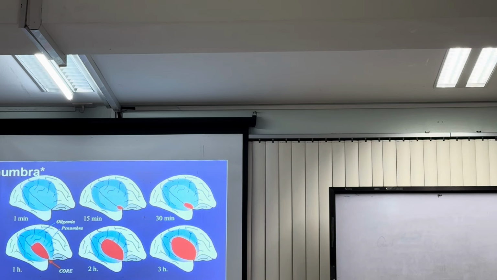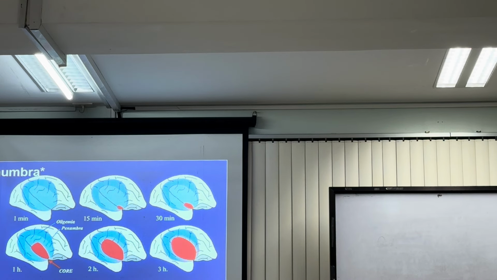But surrounding that area, you still have this light blue here, where the blood flow is already compromised, but those neurons are still just dying or salvageable. If you restore blood flow, you improve the blood flow in that area, they can be saved.